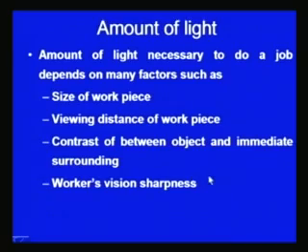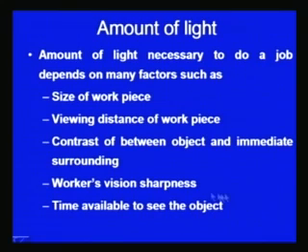In coming slides we will see how the age of the worker affects the amount of light required to see the object clearly. The time available to see the object is another important factor. Fine jobs in general take longer to get recognized, while large jobs can be recognized easily.